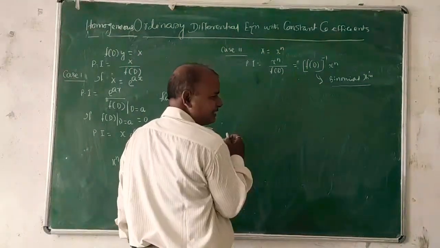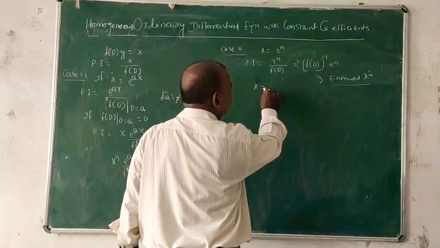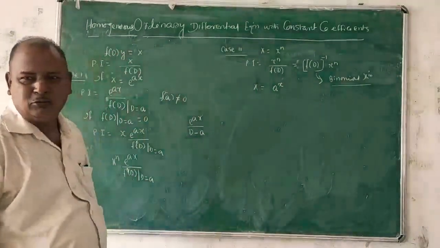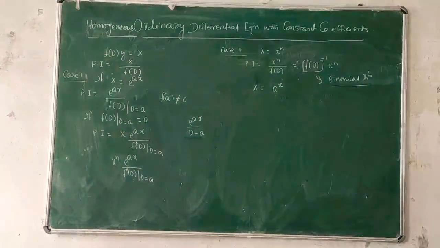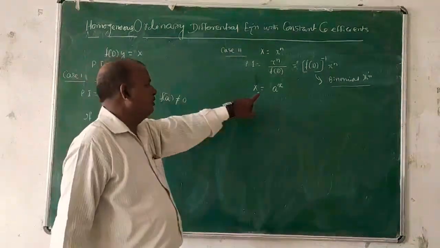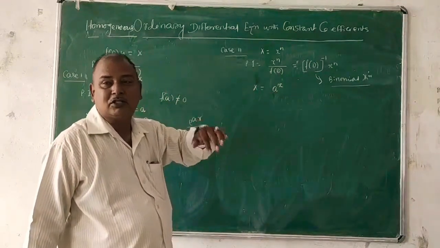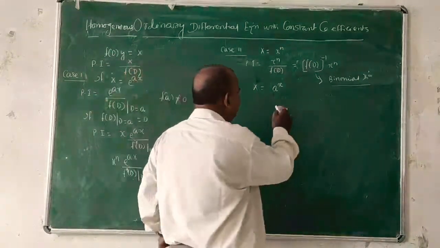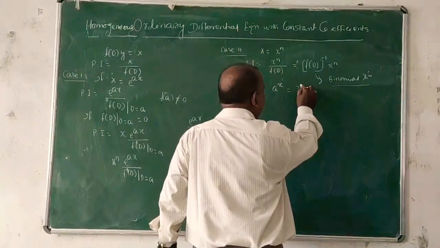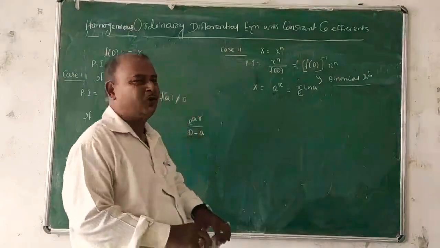Now the question arises, if capital X is in this form, for example a to the power x, then how do we find the particular integral in this case? Here a is the constant and x is the variable, so it is a constant to the power variable. You may write it like this: e to the power x into ln a.